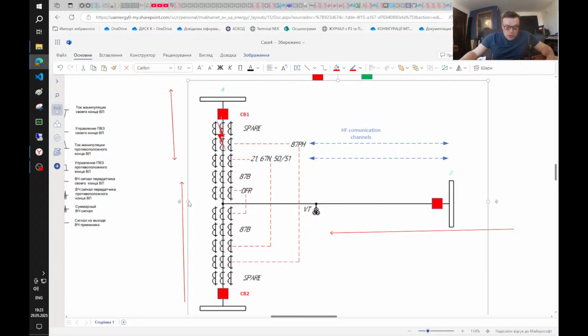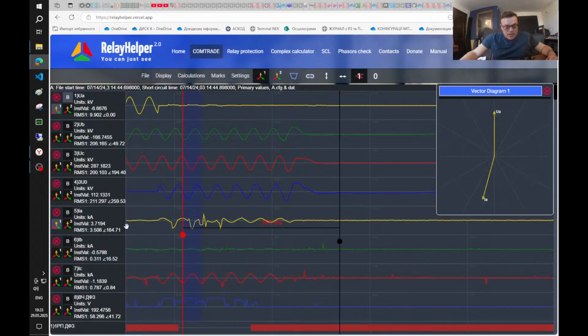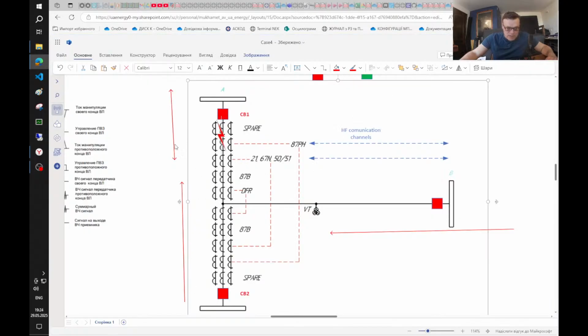But we also have to understand that we see not only one circuit, we see two circuits. So the current is not so big, because we see the difference in these two currents, like that.